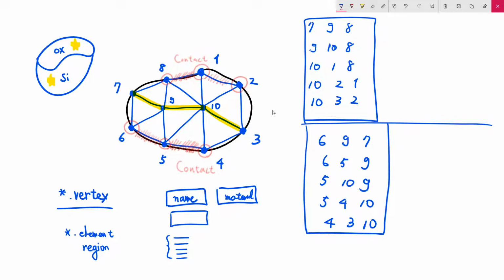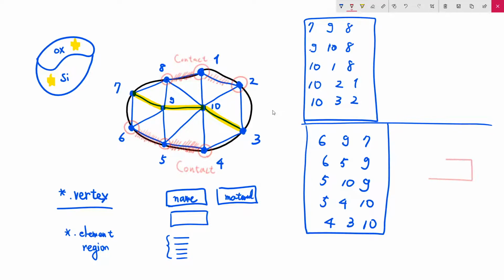So you can now build your own system or your own file format to describe a certain structure. Of course, this is for just a two-region problem. However, in reality, we can define many different regions.